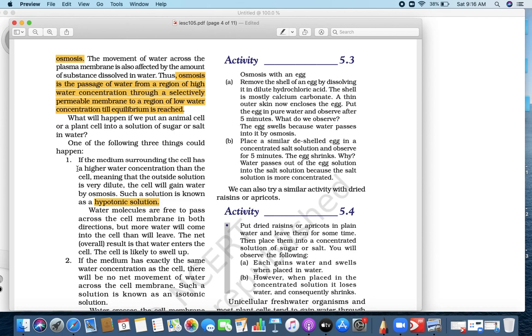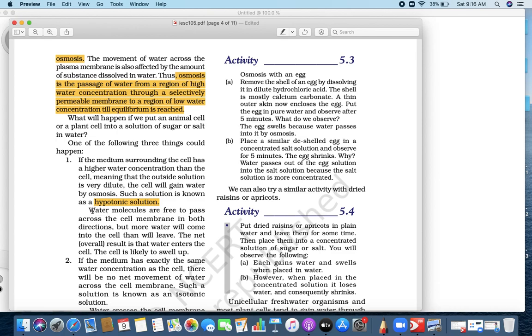So whenever you put a cell inside a hypotonic solution, where the concentration outside the cell is more and inside the cell is less, the cell is going to swell up because the water is going to go inside. This solution is called a hypotonic solution.